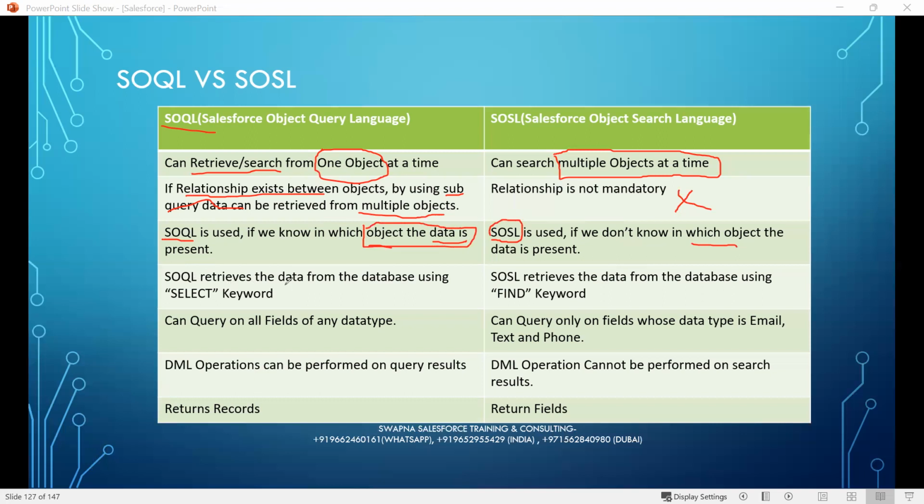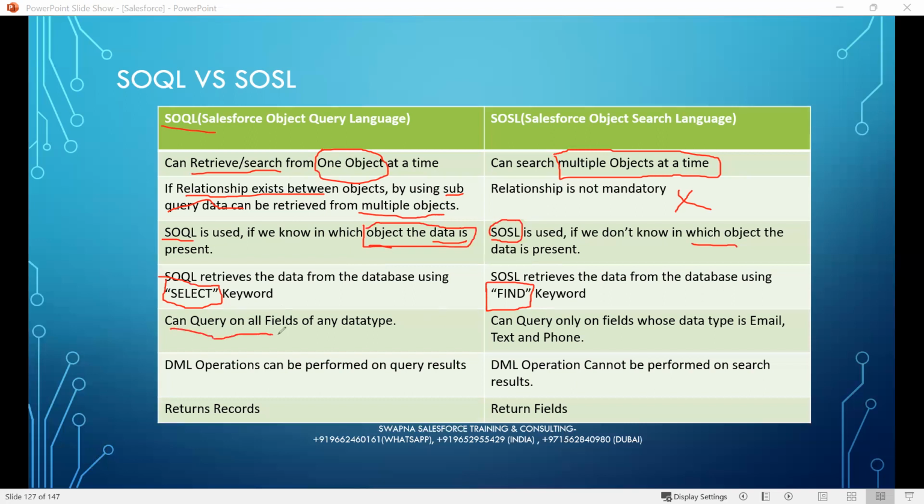SOQL retrieves data from the database using the select keyword. SOQL always starts with the select keyword. SOSL always starts with a find keyword to retrieve the data from the database.